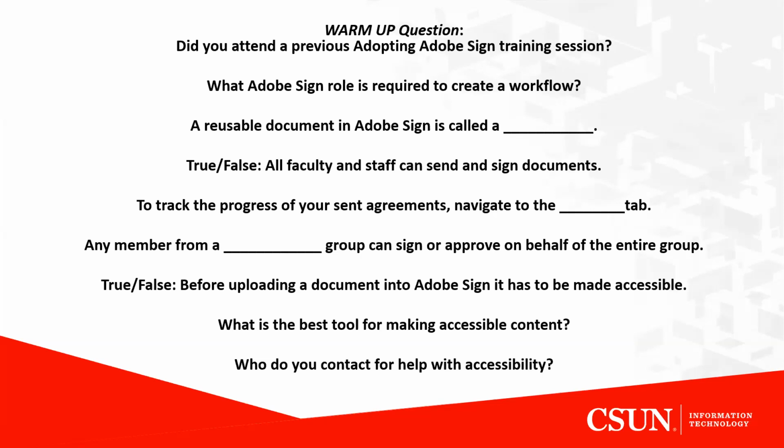Okay, so the answer I'm looking for is Universal Design Center. They are part of IT, but they're the specific branch of IT that are the absolute experts on accessibility. When it comes to explaining some of our CSUN specific workflows, we'll talk about what we can do as Adobe Sign support folks, Nikki and I, versus what the Universal Design Center can do for you as a whole.